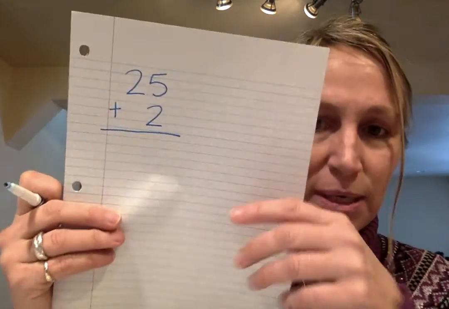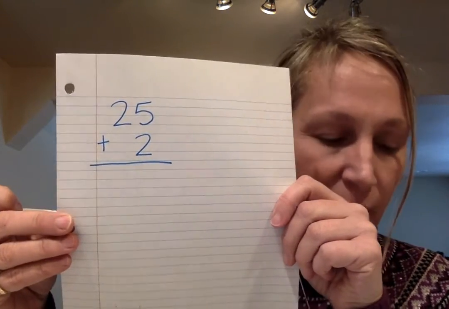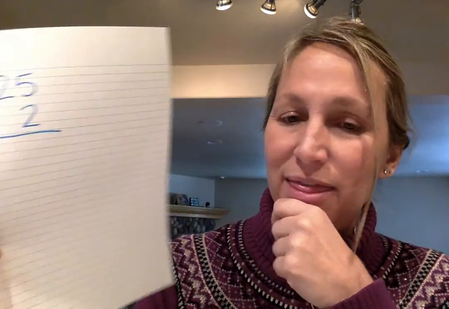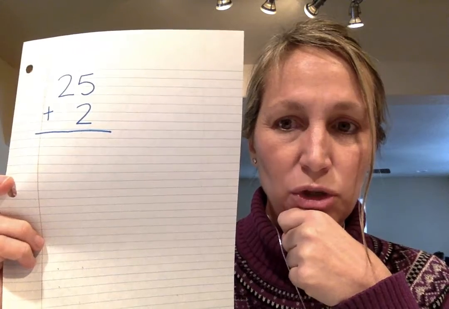To look at another problem, we'll do one more. 25 plus 2. So here I have the problem 25 plus 2. I need to remember my ones column and my tens column, and I'm going to add that first. So 25 plus 2. 5 plus 2. 5, 6, 7.